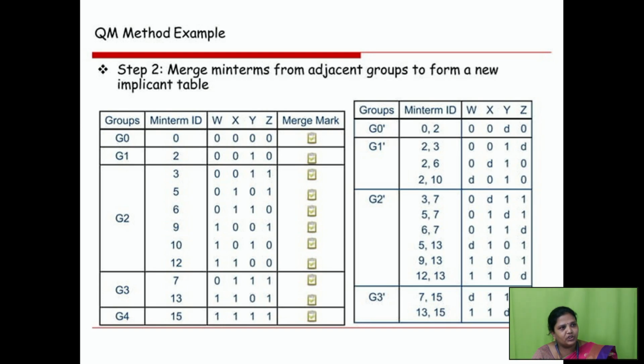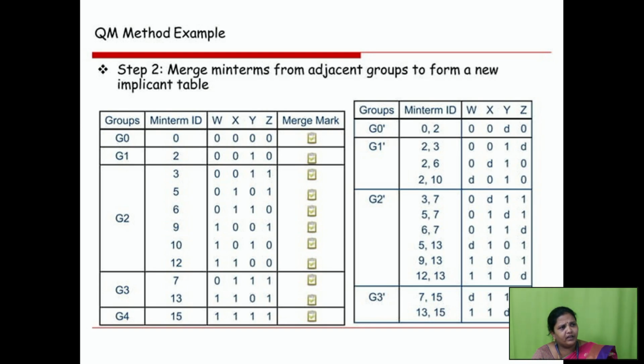Then comes your G2 group: 3, 7 and 5, 7 and 6, 7, 5, 13, 9, 13 and 12, 13. If you go with 3, 7, the first bit position is not changing, the second bit position alone is changing: 0, dash, 1, 1. We can put don't care or dash. Normally we use dash.